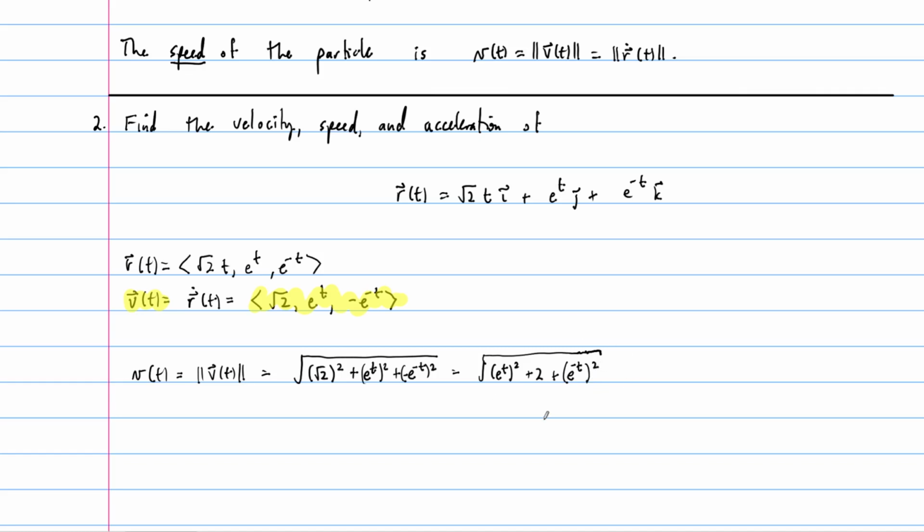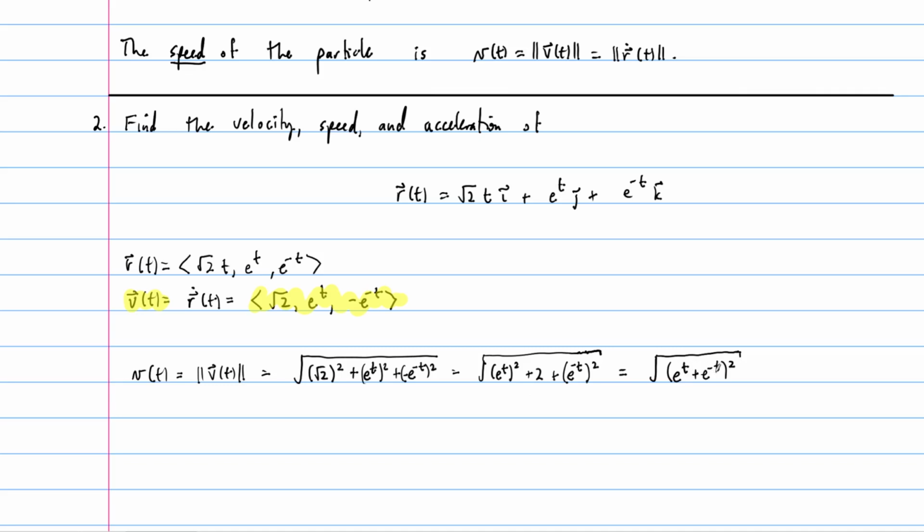And now it turns out that this factors actually. So this can be written as e to the t plus e to the minus t quantity squared underneath this. So I'll let you guys verify this, but e to the t plus e to the minus t quantity squared. If you distribute this out, you multiply this out, you'll end up with exactly this, right? And then a square root and a square. This term is always positive, right?